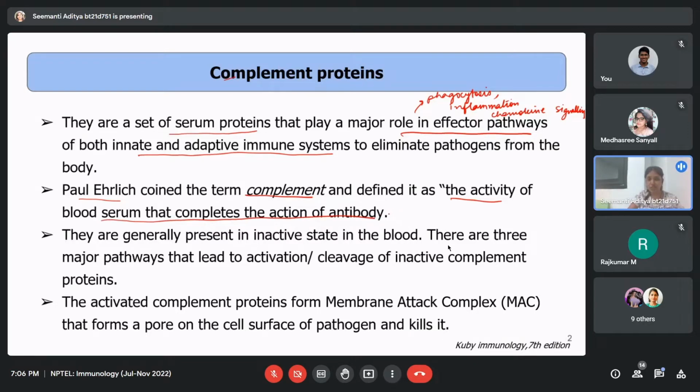This definition came from certain experiments performed earlier by other scientists.